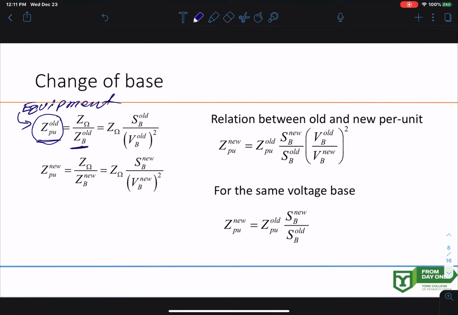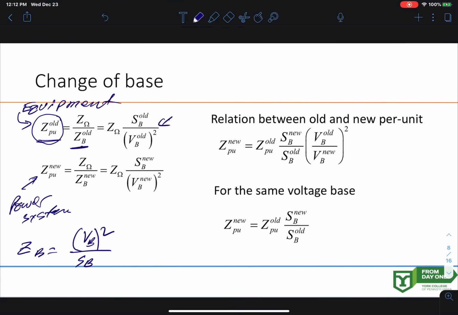Remember Z_B is V_B squared over S_B, right? That equation right here is your old one. The new one is the power system. Now you're bringing the equipment to the power system.